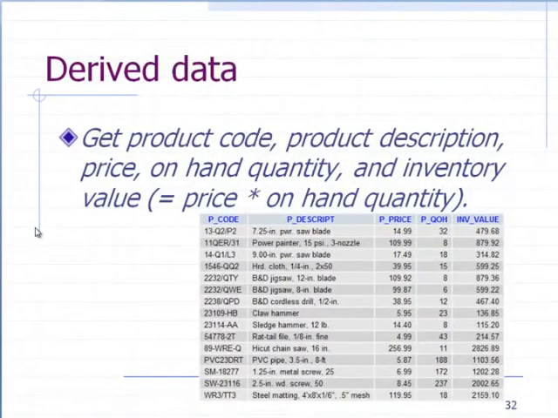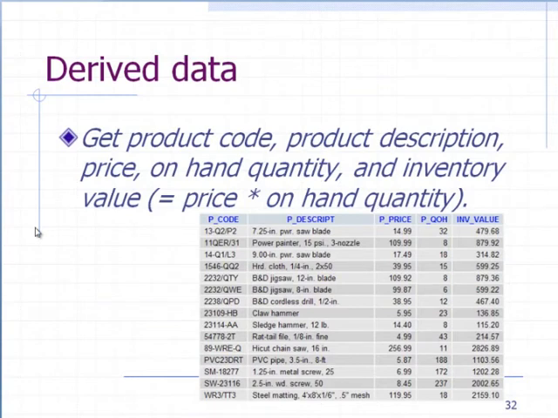Now, the next one is about derived data. You may recall when we talked about normalization, if there is any derived value you need for the actual report, do we need to store it? No, because we can always get the derived value using the raw facts, right?